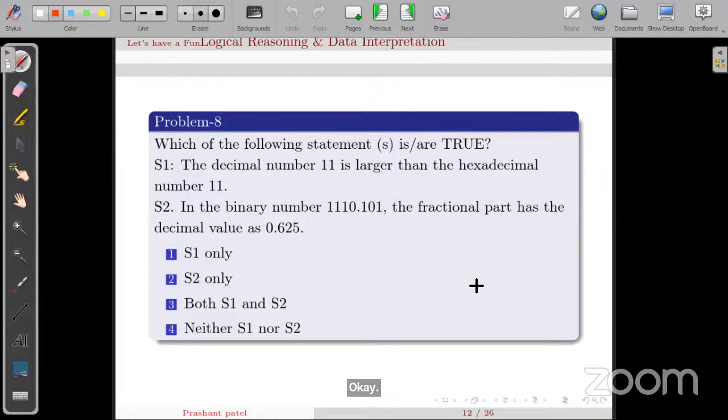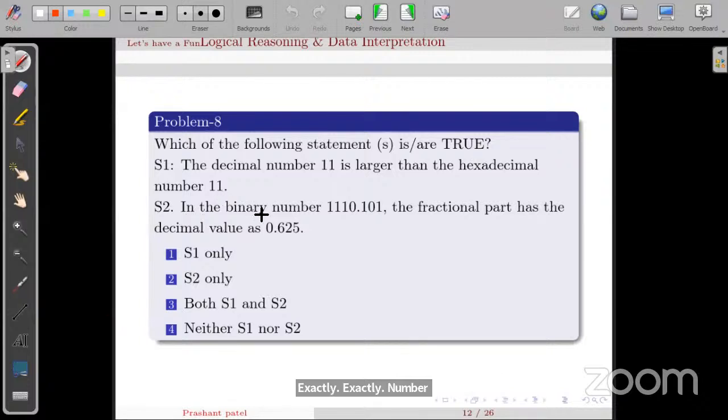Which of the following statements is or are true? That is the question. The decimal number 11 is greater than the hexadecimal number 11.